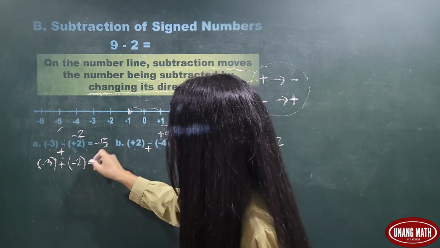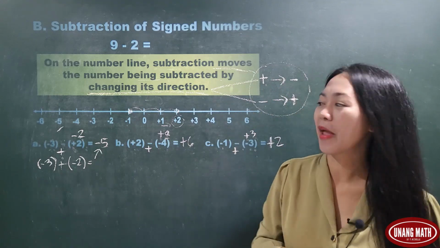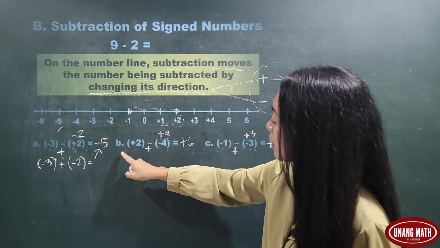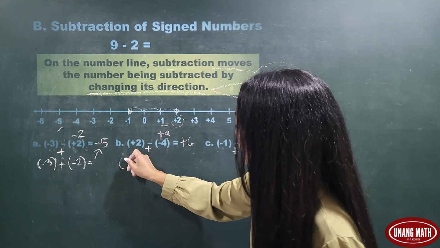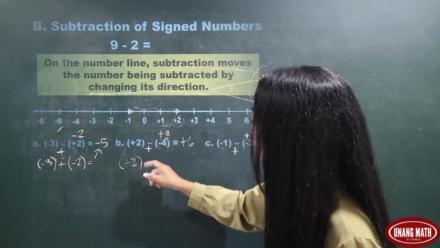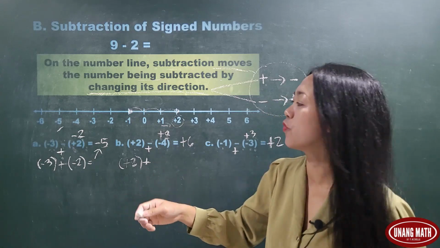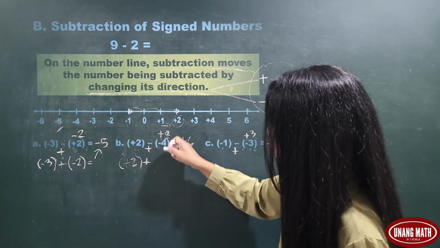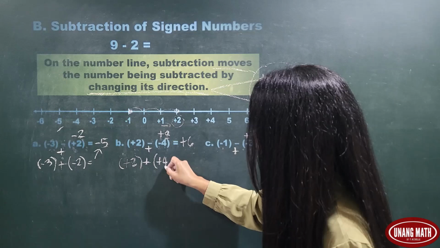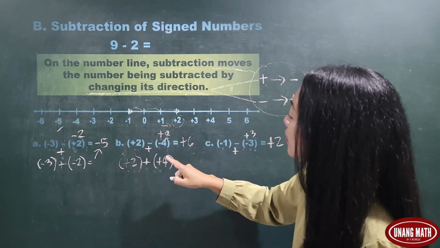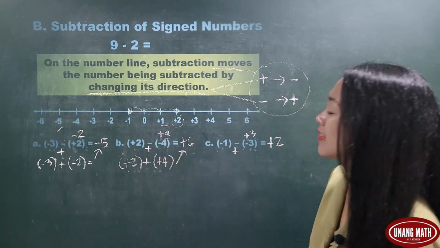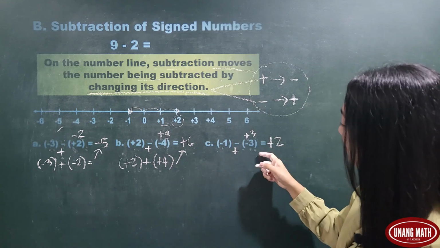The answer is still negative 5. How about the second example? We can write it this way. Positive 2, the subtraction sign becomes a plus sign because we move. Change direction, negative 4 becomes positive 4. So positive 2 plus positive 4, the answer is positive 6.